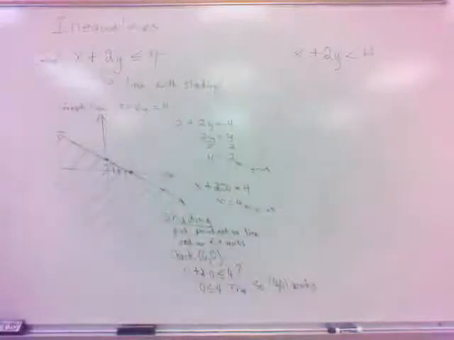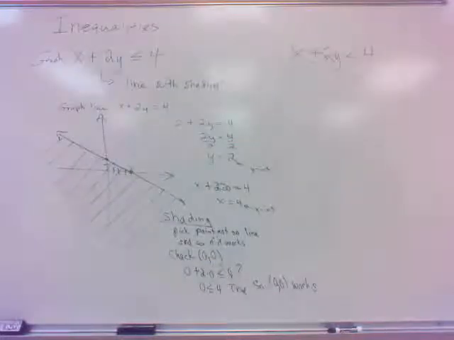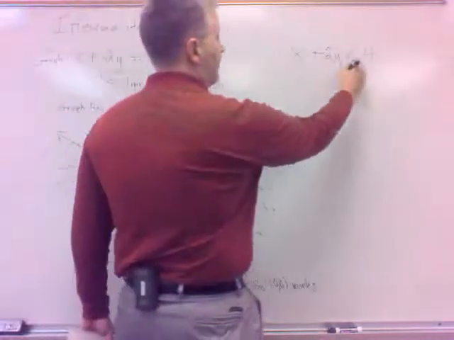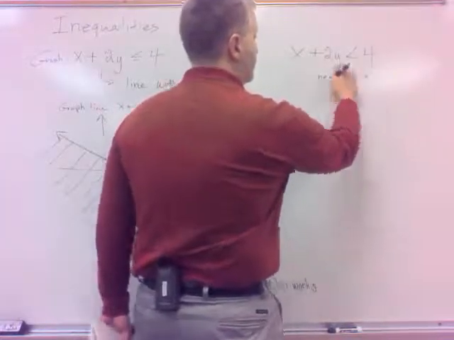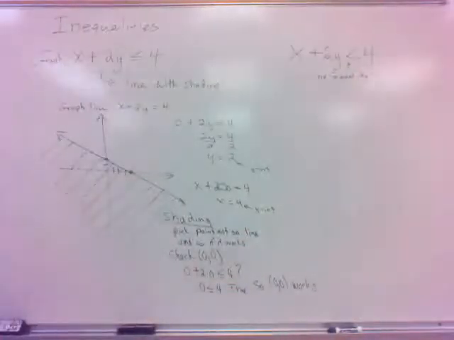Okay? Now, another little, let's use the same thing, except x plus 2y is strictly less than 4. Meaning I don't have the equal to part. Well, since I don't have the equal to part, what, technically speaking, then is not part of this solution set? The line itself. So the line itself is not technically part of the solution set.